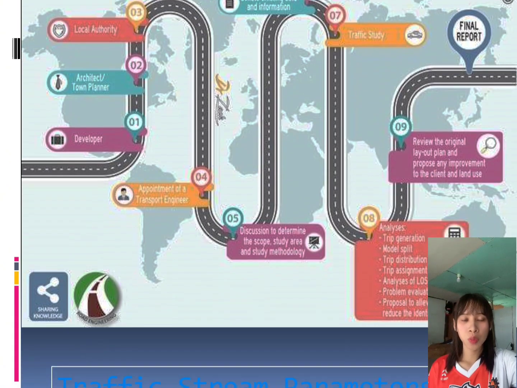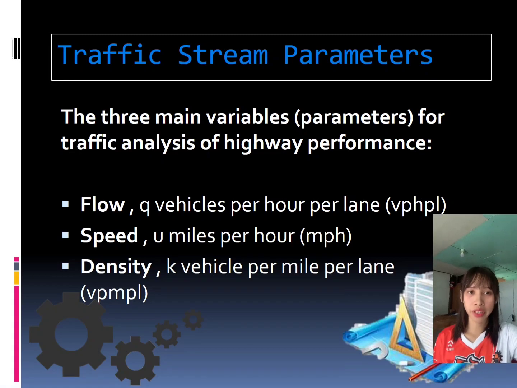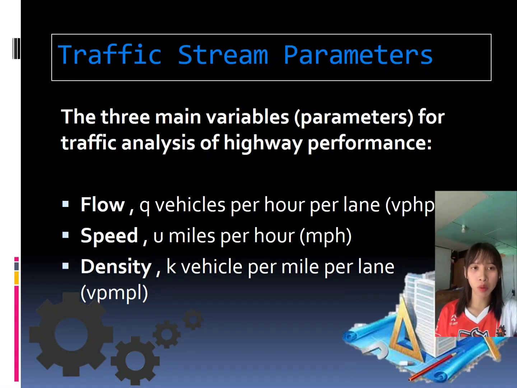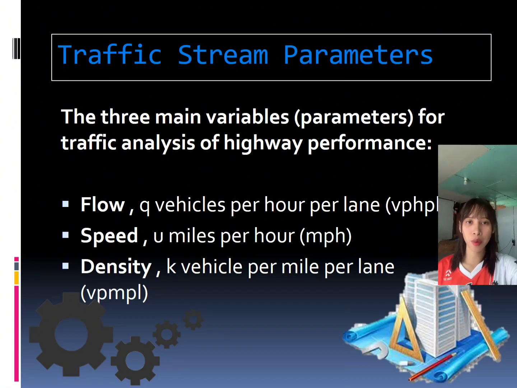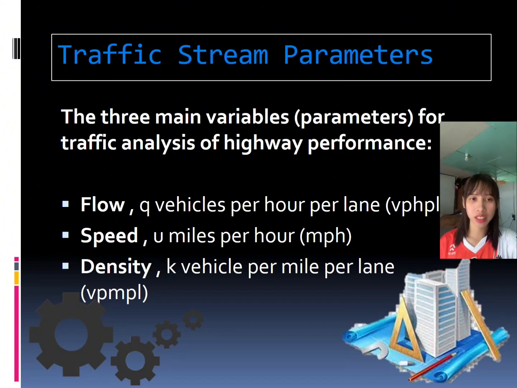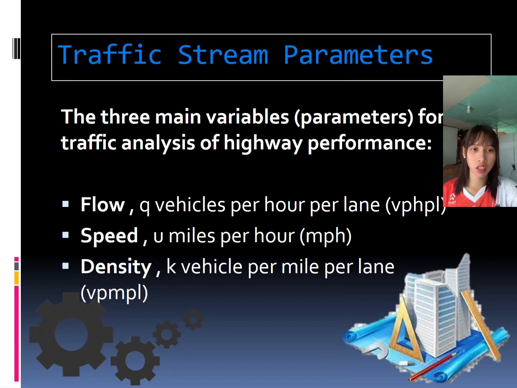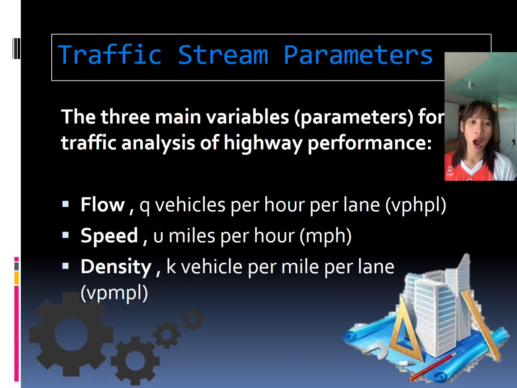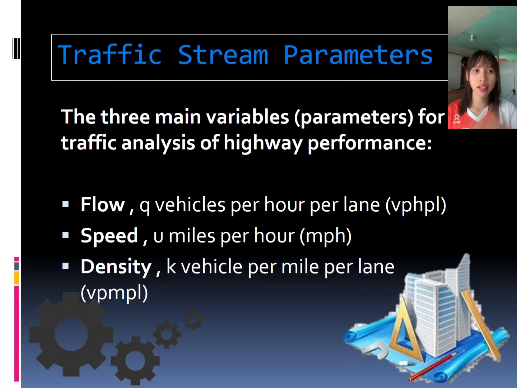So now let's proceed to the traffic stream parameters. There are three main variables or parameters for traffic analysis of highway performance. First is the flow, Q, or Q vehicles per hour per lane, then followed by speed and density.